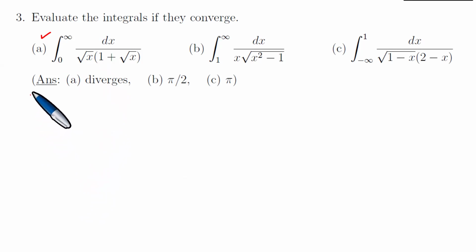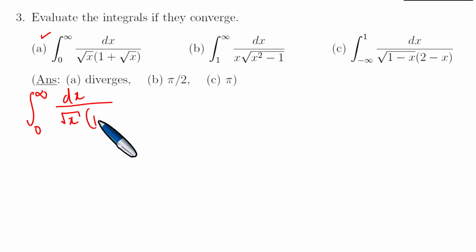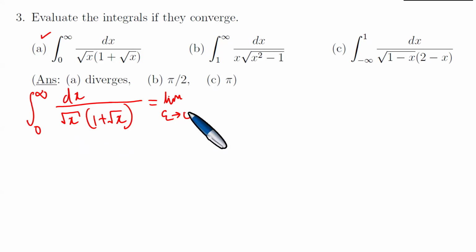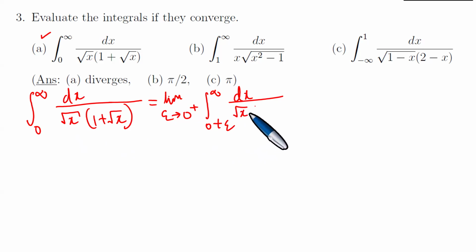Meaning that to integrate from 0 to infinity of dx over the square root of x times 1 plus the square root of x, you would have to take the limit as epsilon approaches 0 from the right of the integral from 0 plus epsilon to infinity of dx over the square root of x times 1 plus the square root of x.